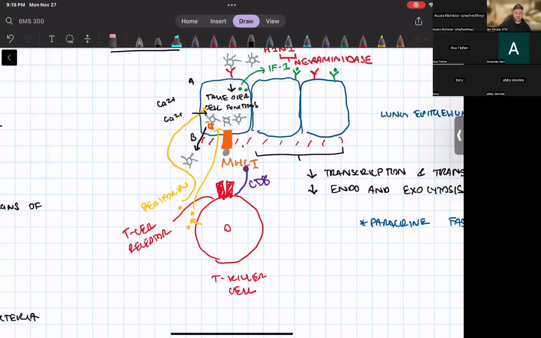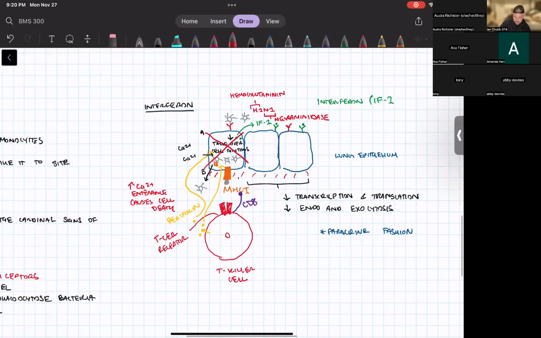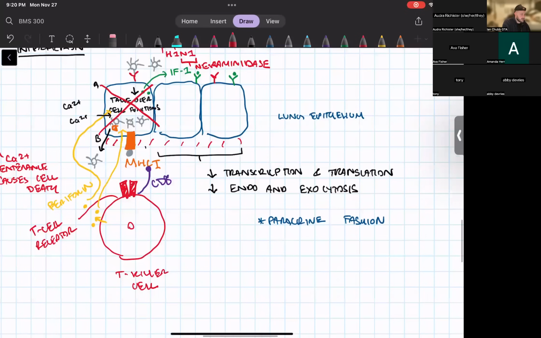So if we blow a bunch of holes into the membrane, calcium can then come in, and that's going to cause cell death. So the increase in calcium entrance causes cell death. And that's how that T killer cell is working.